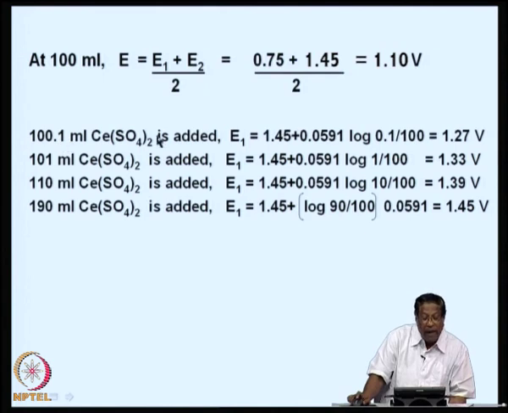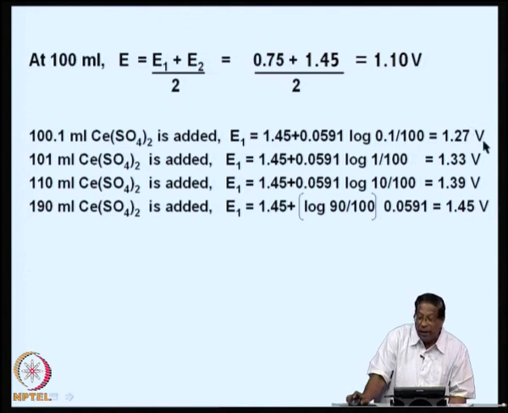Now, when I add ceric extra 0.1 ml, I will have 1.27 volts, and at 101 ml I will have 1.33, again 0.06 volts difference, and 1.39, again 0.06.